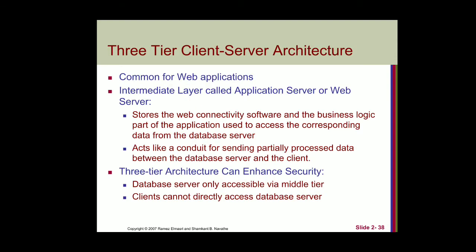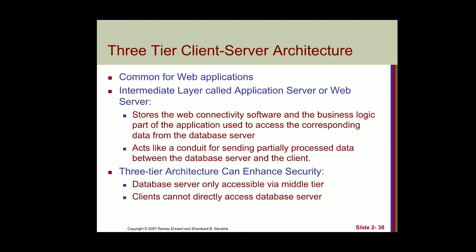Then three-tier client-server architecture. Whenever we make use of web applications, we go with three-tier client-server architecture. Two-tier architecture is not supported for web applications. Here we are making use of an intermediate layer called the application server or web server. It stores the web connectivity software and the business logic part of the application used to access the corresponding data from the database server.